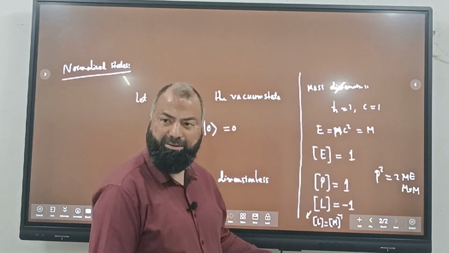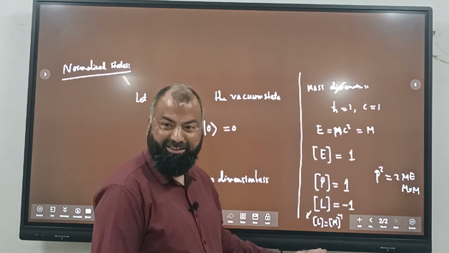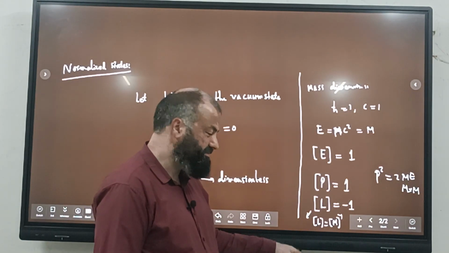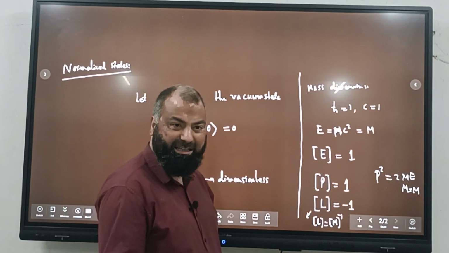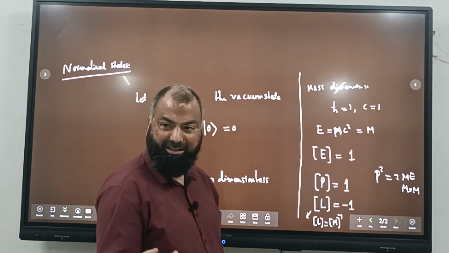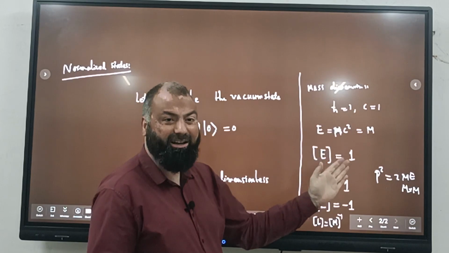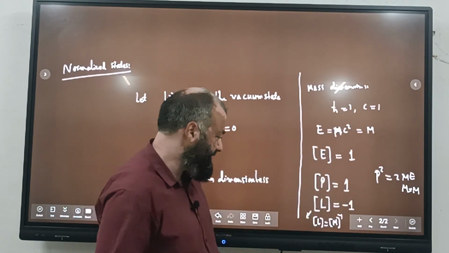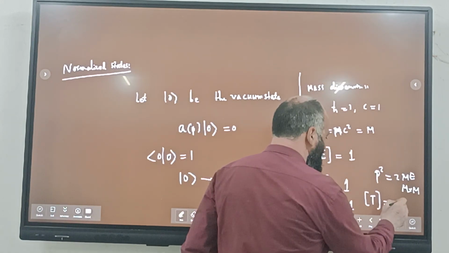Similarly, what is the mass dimension of time? You know the relation delta t delta E is proportional to h cross, which is equal to 1. So delta t, or t, will be inversely proportional to energy. So in other words, the mass dimension of time is also -1.